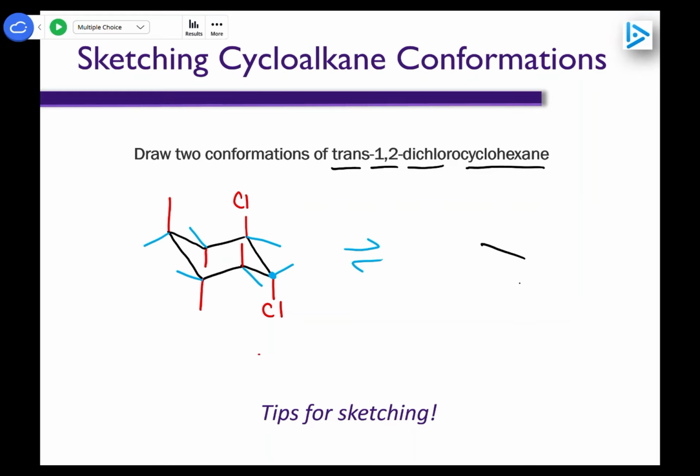Well, draw 2 parallel lines. In one of them, they were going this way. Now they're going this way. So 2 parallel lines on top of each other, but now they're oriented in an opposite direction. Once you've drawn those 2 parallel lines, we draw an up triangle and a down triangle.